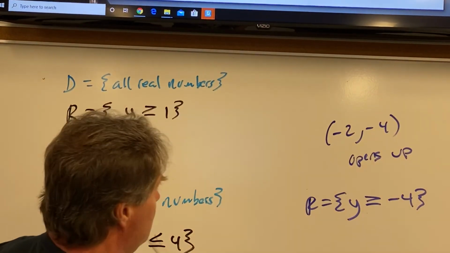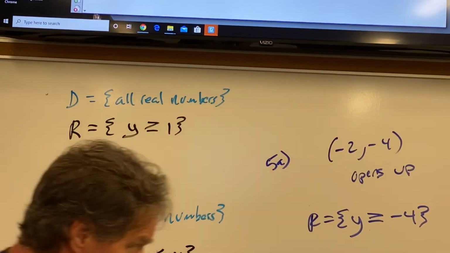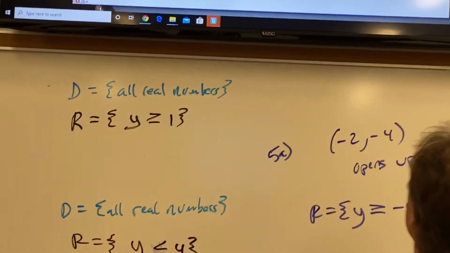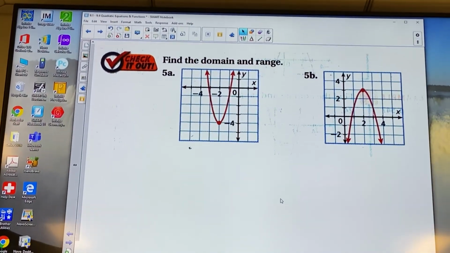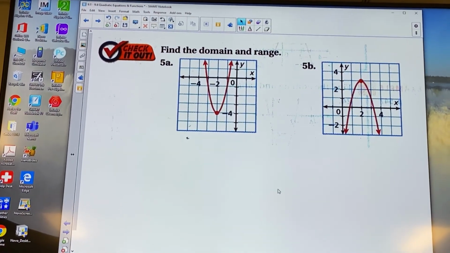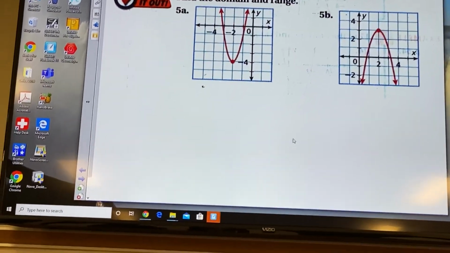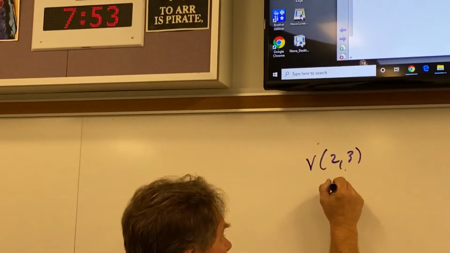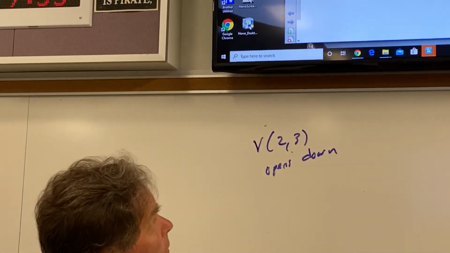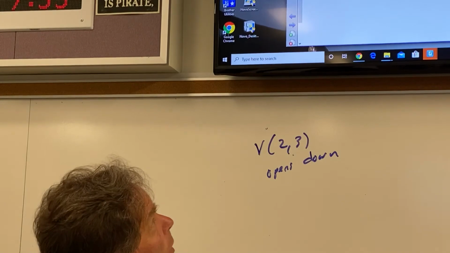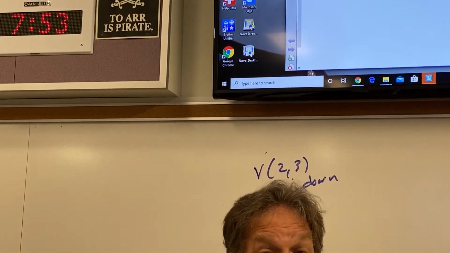Okay, how about 5b? Well, the vertex is 2, 3, and it opens down. They want to know what is the domain and the range. Well, again, the domainer is a no-brainer.